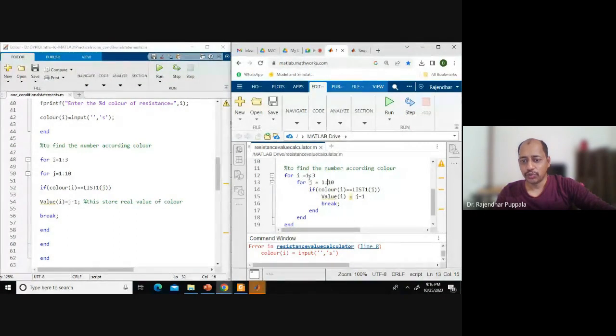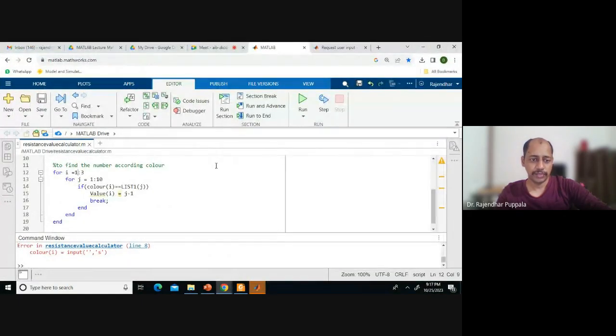If i is equal to 1, simply I am explaining here, it means you are giving the first color, right? Let us suppose you are giving red. Red will be in list 1 only, right? So it will run from 1 to 10.